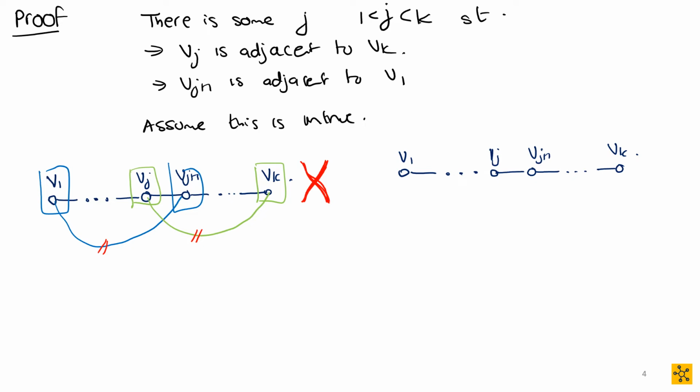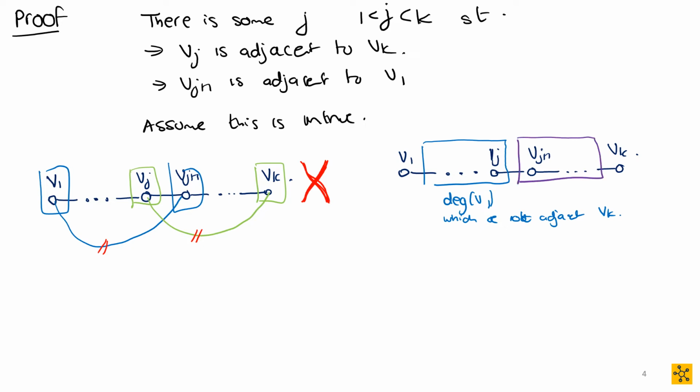If we assume that Vj is not adjacent to Vk and Vj plus 1 is not adjacent to V1, that means that there is a degree of V1 vertices which are not adjacent to Vk, and that means that there is a degree of Vk vertices which are not adjacent to V1.